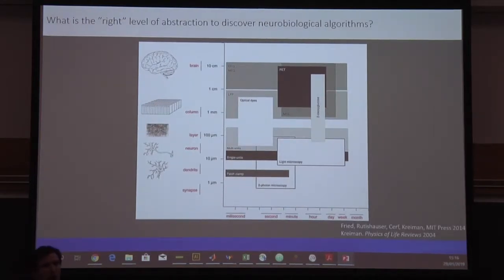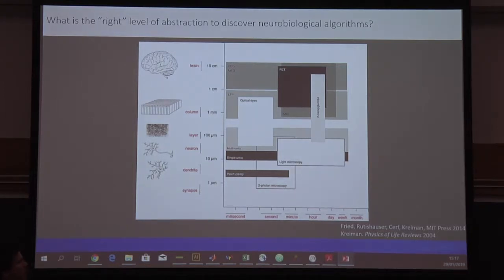So as I argued, in order to build better AI and better machines, we need to study the brain. And one of the difficult aspects of studying neuroscience and studying brains is that brains span multiple orders of magnitude in terms of space as well as in time.